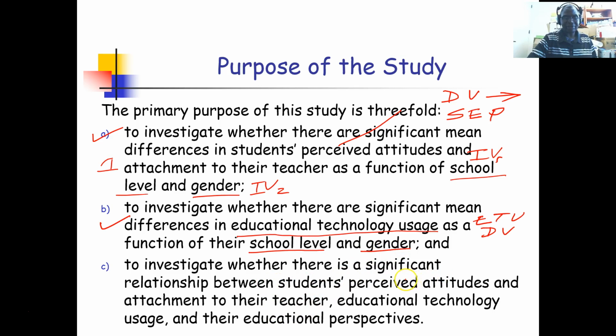And then the third one looks at a relationship between student educational perspectives as related to the other variables: educational technology usage, attitude and attachment to their teacher, and then we also look at school level and gender. So we have 4 predictors.